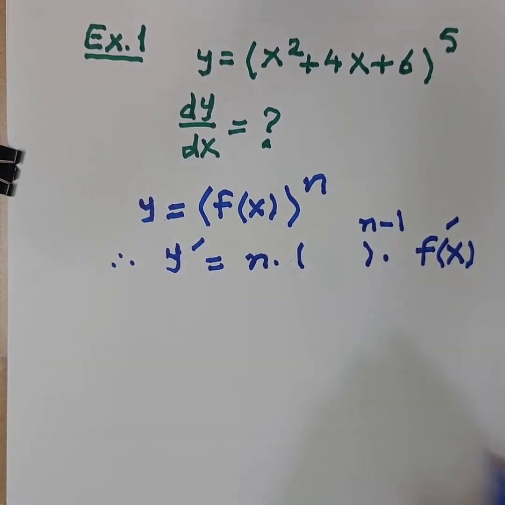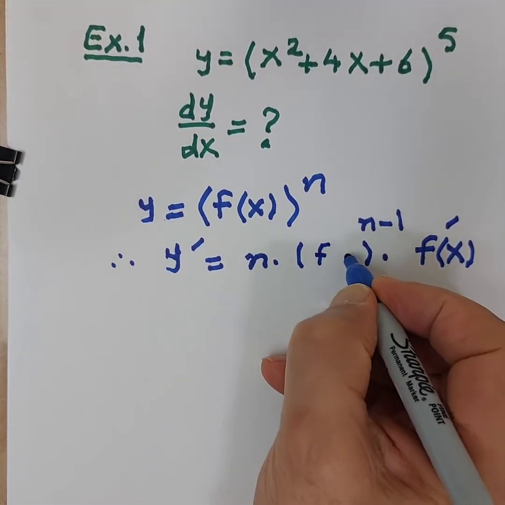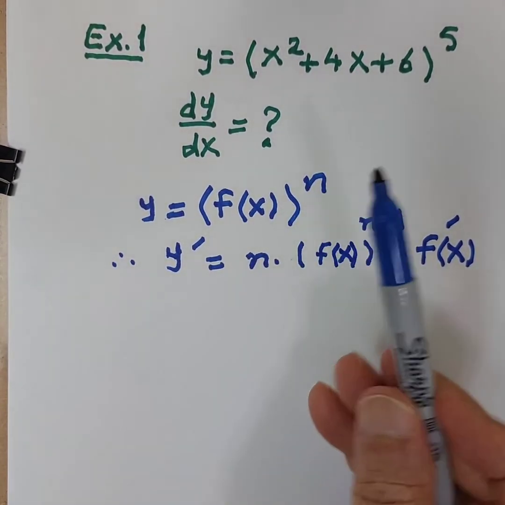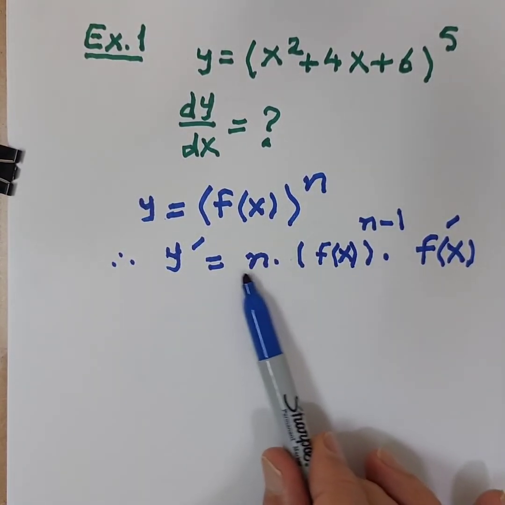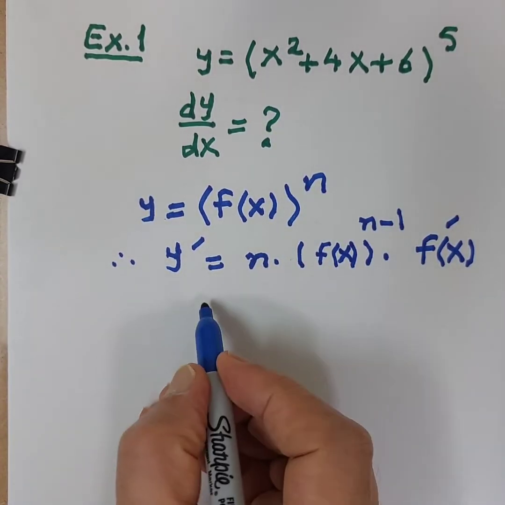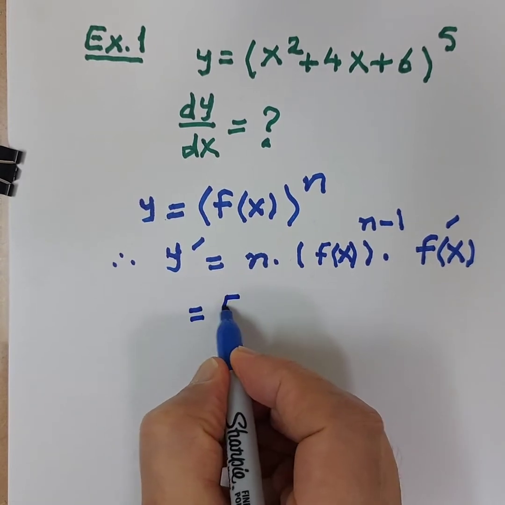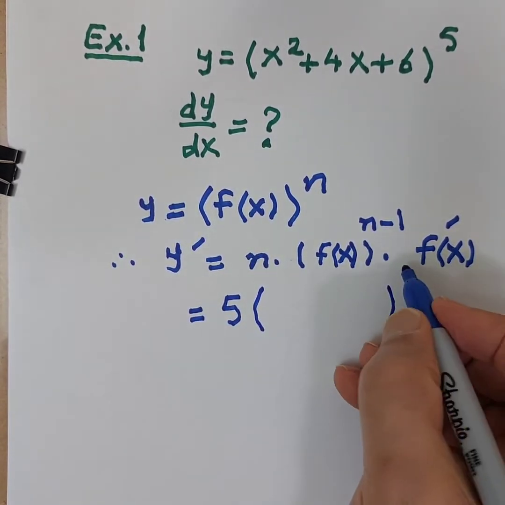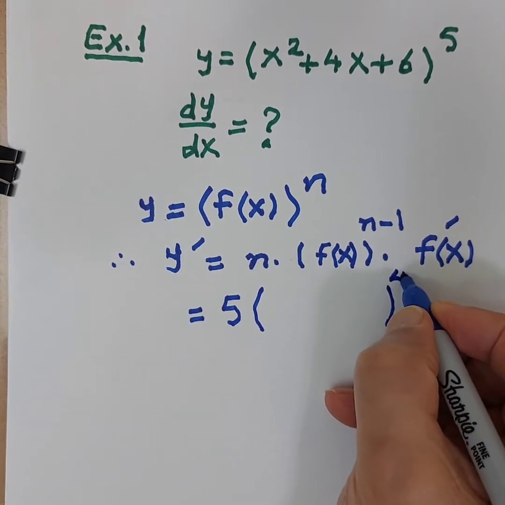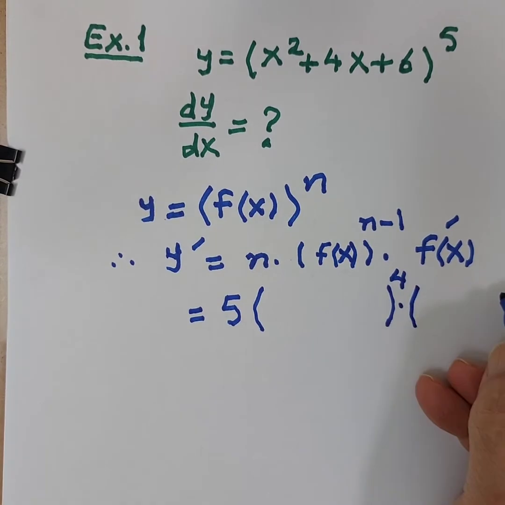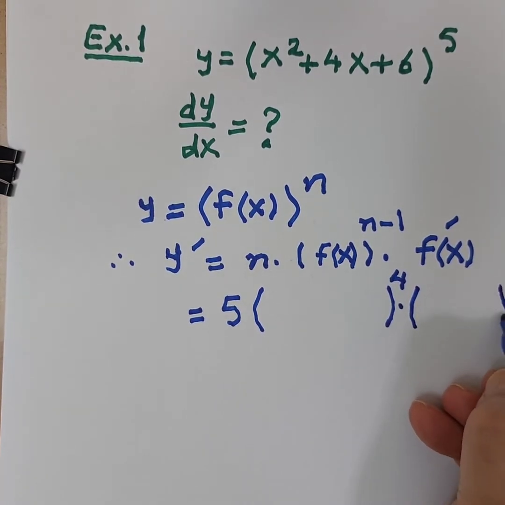You see, this is the rule we mentioned. So we will apply it right now. First, the derivative of all this to the power 5. That means 5, all the brackets stay inside, and here the power will be 4, times the derivative of what is inside the bracket.